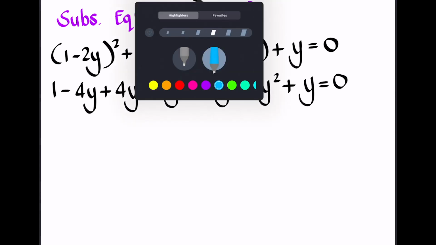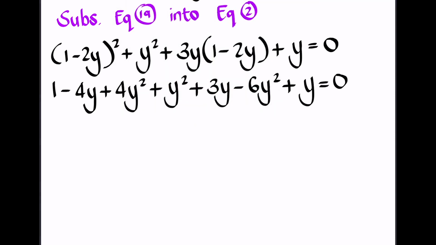All right, now I'm just going to collect my like terms. So I have 4y squared plus y squared, which is 5y squared, minus 6y squared, which is negative y squared. Then I have minus 4y plus 3y, which is negative y, plus another y, it's going to cancel out. And then I have my constant there of positive 1 equal to 0.